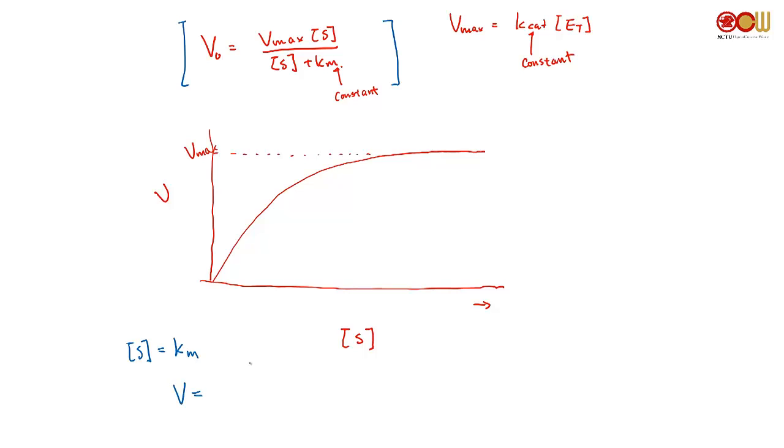Then your V is equal to Vmax times Km over 2 Km, Km cancel, Vmax divided by 2. So what that means is at 1/2 Vmax, the concentration that it corresponds to is Km.